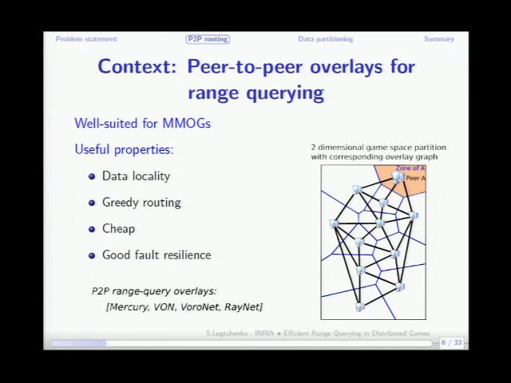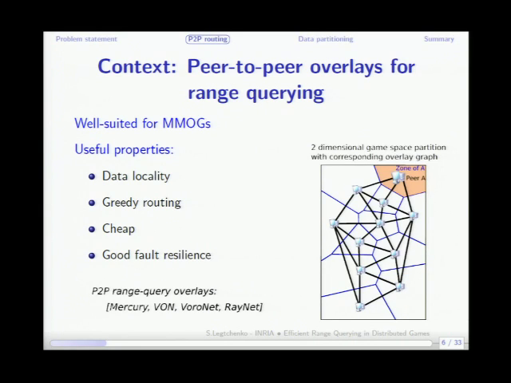That is, each peer has a coordinate in the game space and stores objects that are the closest to its coordinate. And two peers that are close to each other in the game space will be neighbors inside the overlay. So here we have an example of a partition of the game space following a Voronoi diagram and the underlying Delaunay graph.